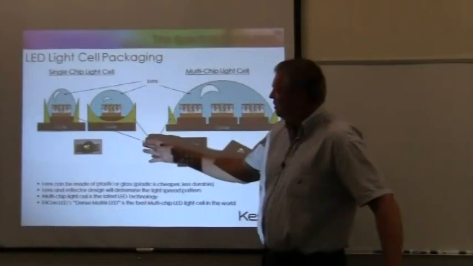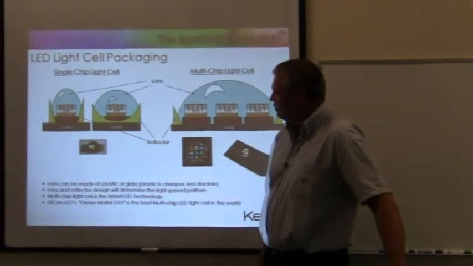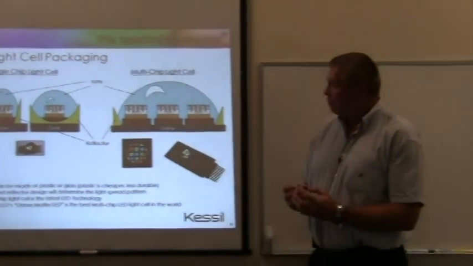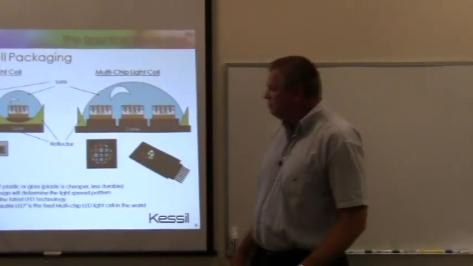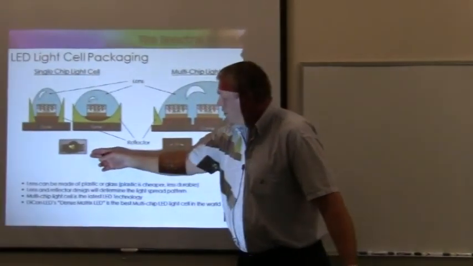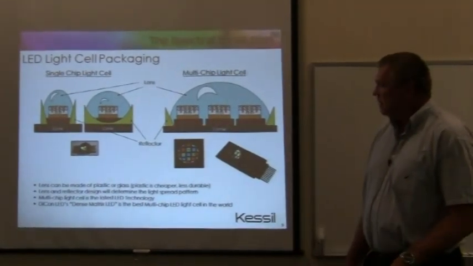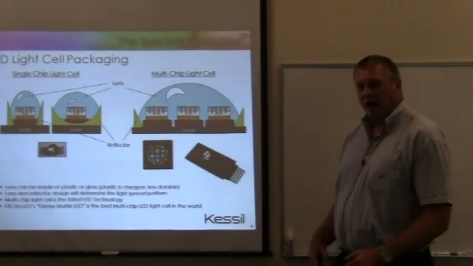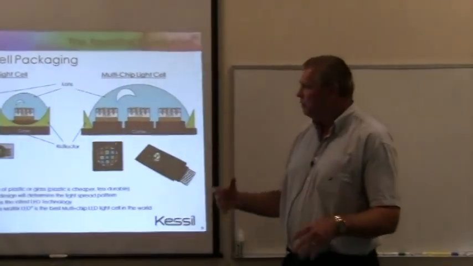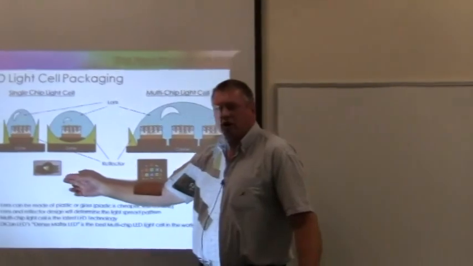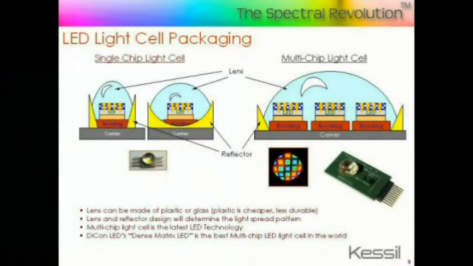And a fairly simple lens will be mounted on top to both provide some focusing of the light as well as to seal the bare chip from the outside elements. For cost reasons, this lens is typically made of a plastic material. One of the disadvantages of that is that over time, over many hours and even some years of use, you can get yellowing or darkening of that plastic lens material, leading to a loss of light output.